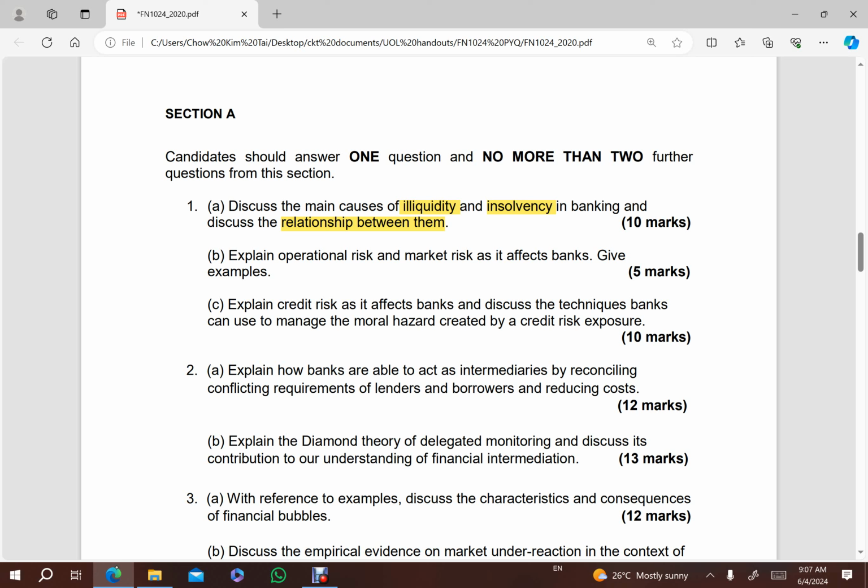That is illiquid, there's not enough cash. The bank might be a profitable bank, but suddenly there's a rumor and people rush to withdraw money. Illiquidity normally happens very fast. Like the March 2023 Silicon Valley Bank, it happened just overnight. So it's unexpected, happens very fast, and the bank can just collapse.